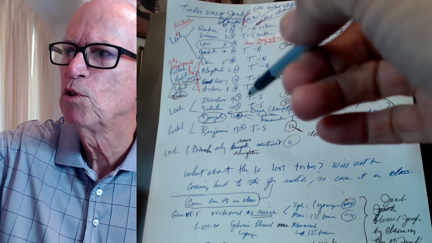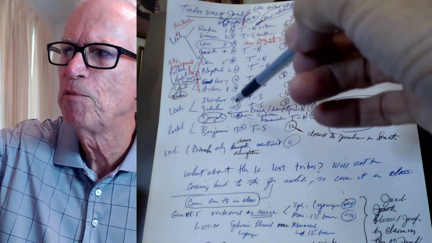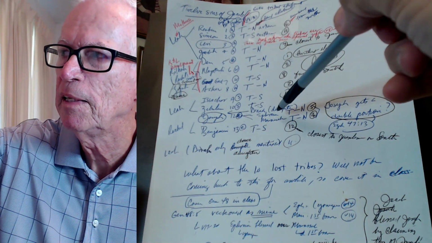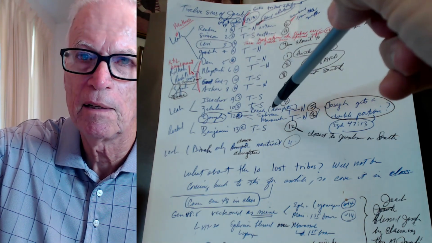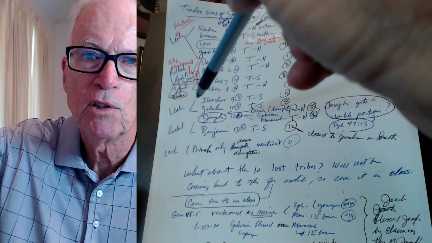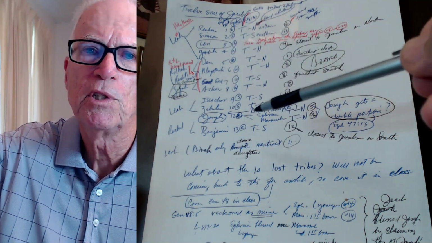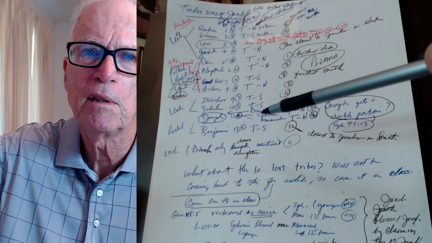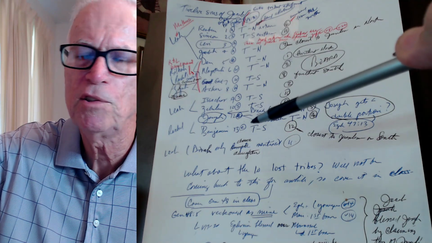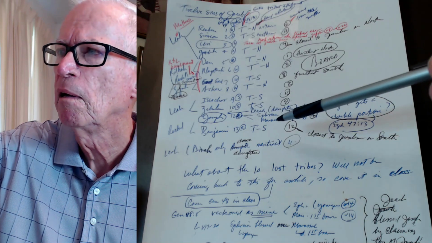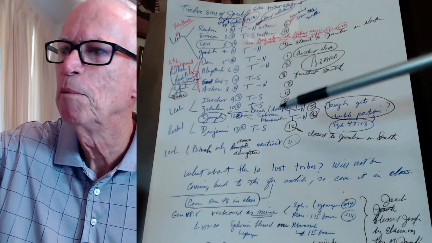Joseph did not get an allotment for himself, but his 2 boys got an allotment. That's the way Joseph ultimately got the double portion that was promised to him as a result of all the problems that the brothers caused him in getting rid of him and all that.